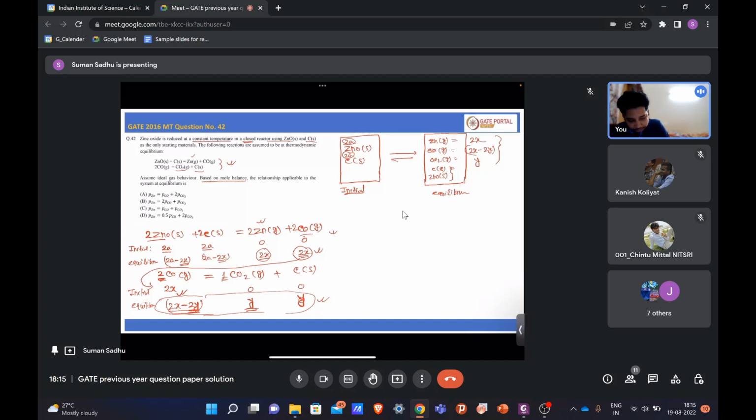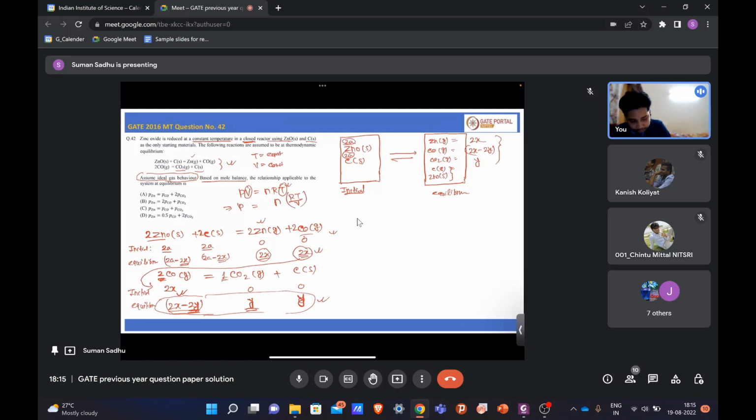Constant temperature means T is constant, and closed means V is also constant, right? In the question it is mentioned to assume ideal gas behavior. So if you assume ideal gas behavior, PV is equal to nRT, right? Here T is constant and also V is constant. So you can write that P is equal to n into RT by V.